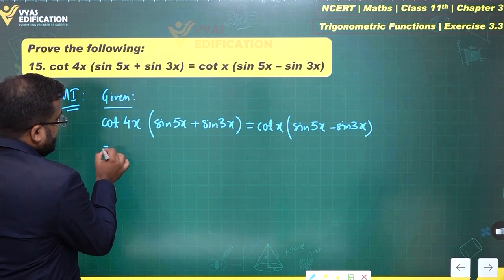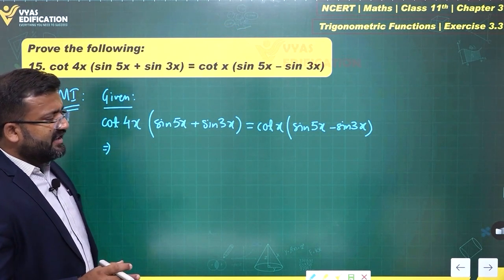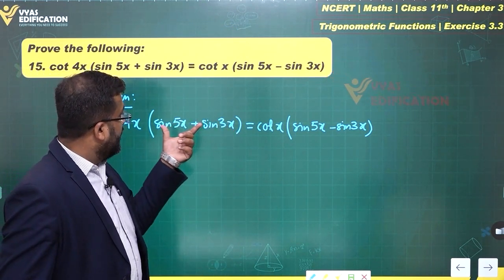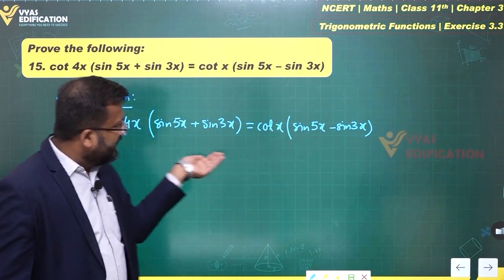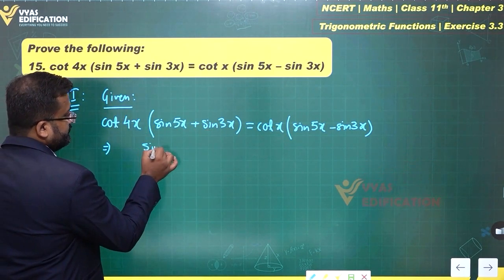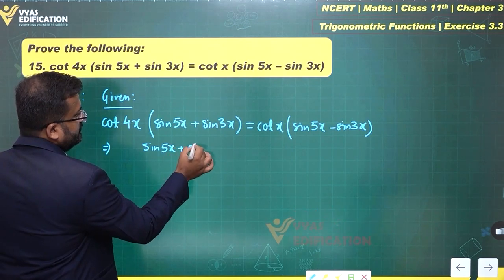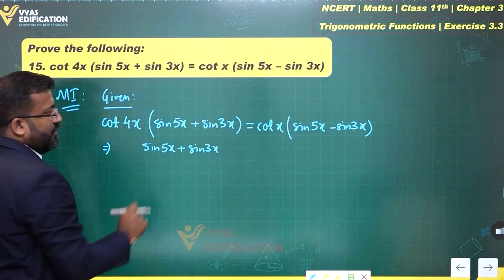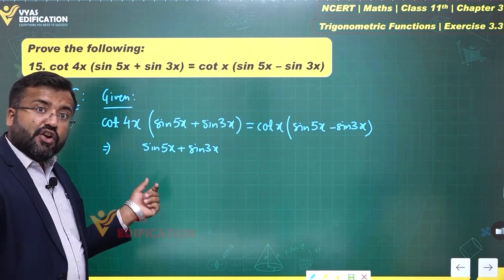What I want to do is bring the complicated terms together and the non-complicated terms together. What I'll do is, let sin 5x plus sin 3x remain over here and divide by that bracket on both sides.